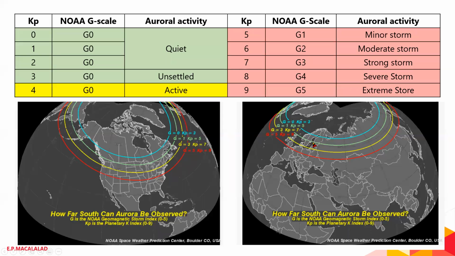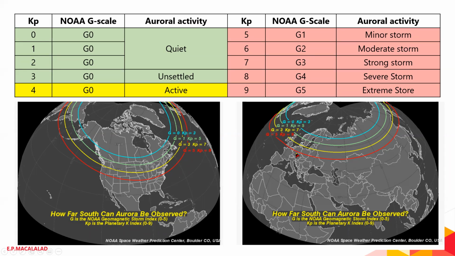If you would like to observe aurora regularly, but you can only afford, let's say, to go to the UK or Iceland, or somewhere in Norway or northern France, you can see aurora if the KP index reaches about 7.